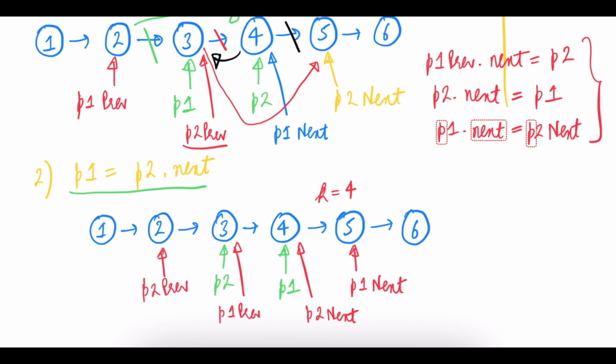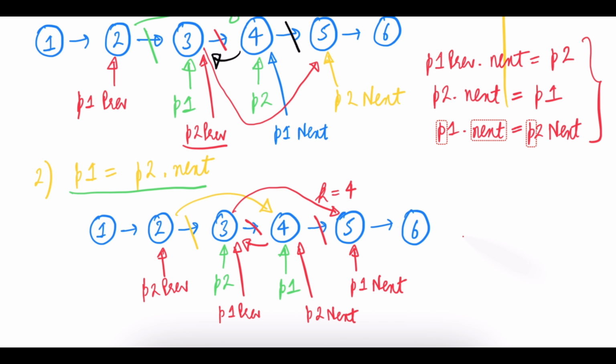So in this case, what we can do is we have to update p2 previous dot next to p1 and p1 dot next to p2 and p2 dot next to p1 next.